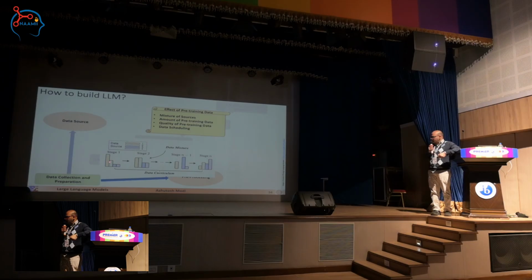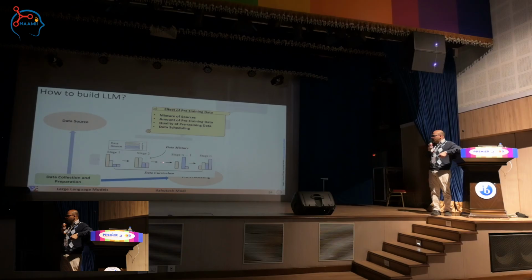For example, in stage 1, you will start with some data source which is more about general English, because you want the model to learn the grammar of English and how sentences are formed. But then as you progress during training, you will start decreasing the proportion of this kind of data and start increasing the proportion of other domains, so that your model gets specialized in different domains as well.